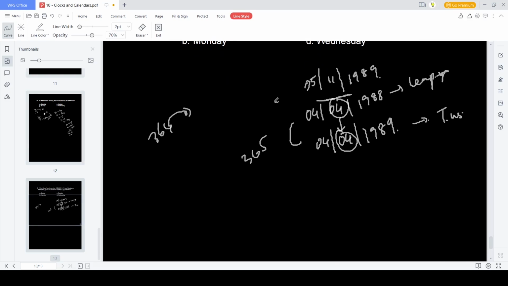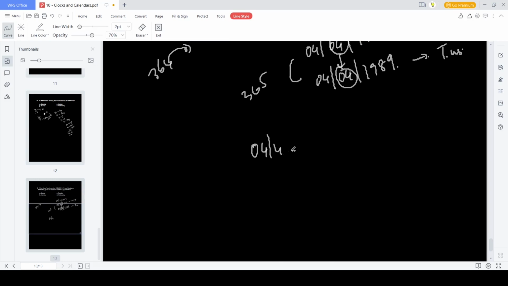Now we'll have to go to the target day. Basically, from 4th of April to 4th of May, we need to calculate how many days. April has 30 days, so there are 30 days in the middle. Then from 4th of May to 4th of June, you'll have 31 days, because May has 31 days.